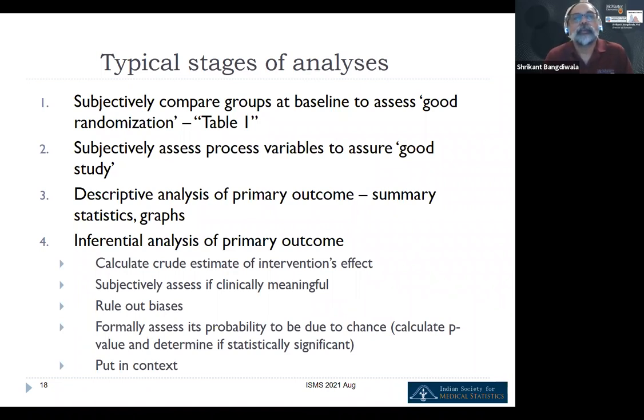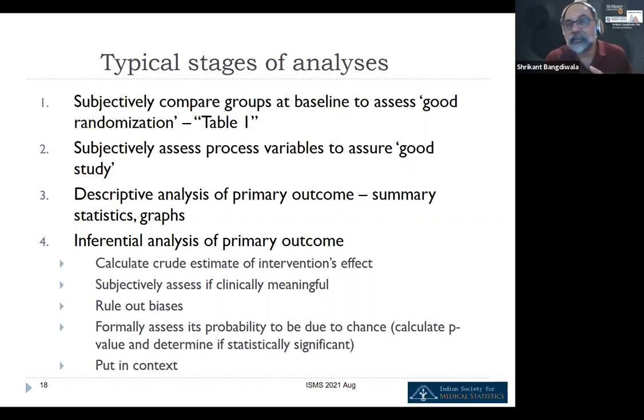Then they may assess if it's clinically meaningful. So clinical meaningfulness is subjectively assessed, right? And that's why people don't like to say this was meaningful, because that's subjective. That's why they only talk about significant. But significance is a statistical thing. It's not clinically significant.